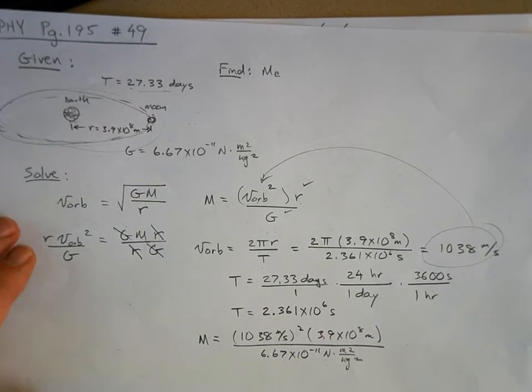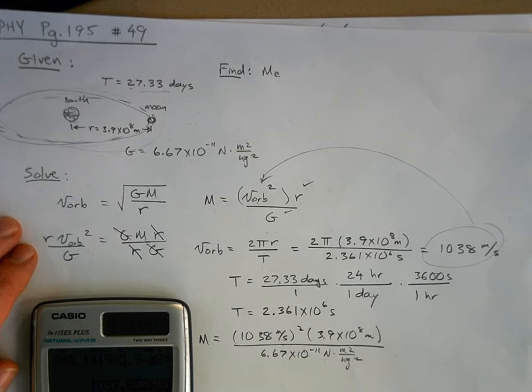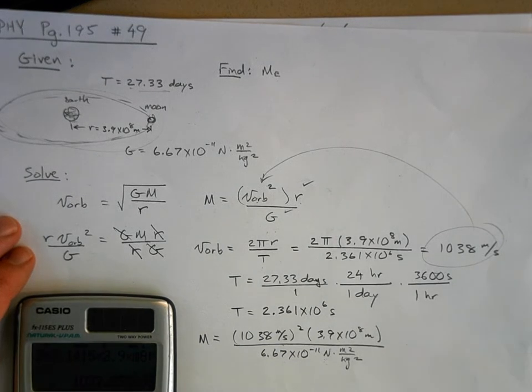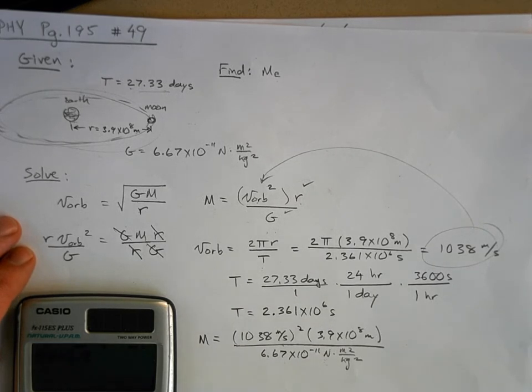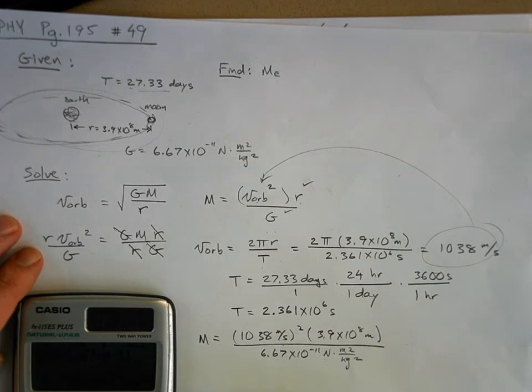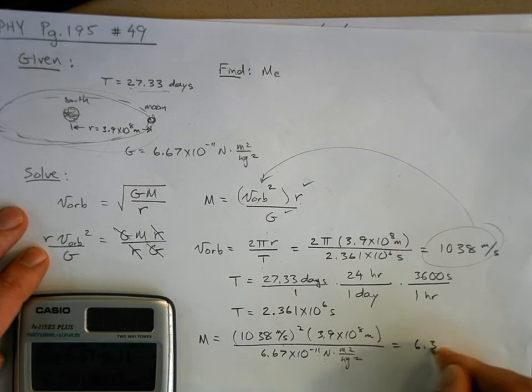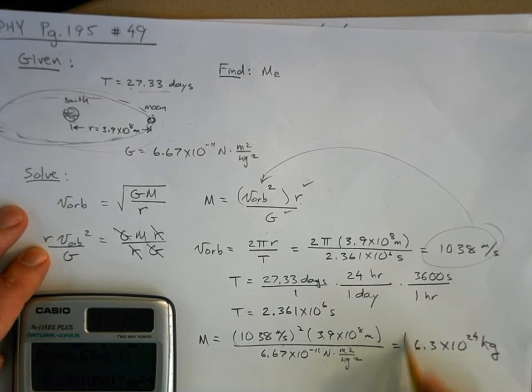It's all good. So I'm going to take this and square it, then multiply that times 3.9 times 10 to the 8, and then divide that by 6.67 times 10 to the negative 11. And I get 6.3 times 10 to the 24 kilograms. And that's our answer.